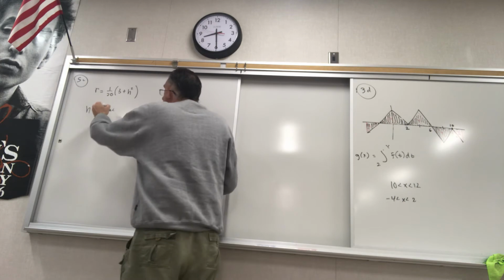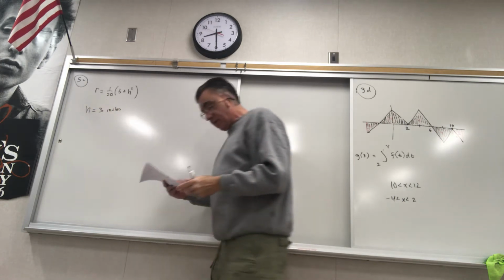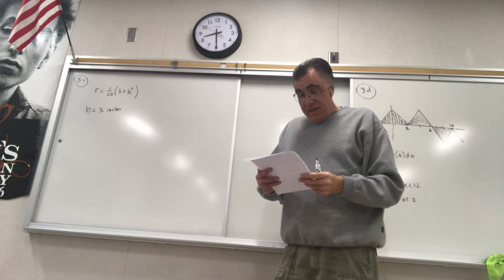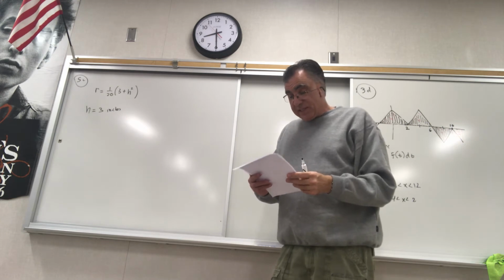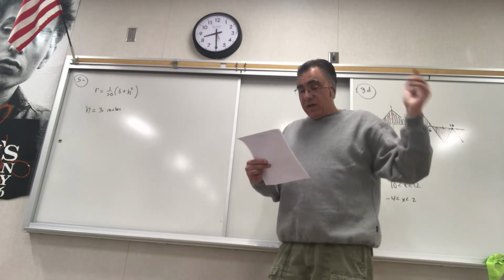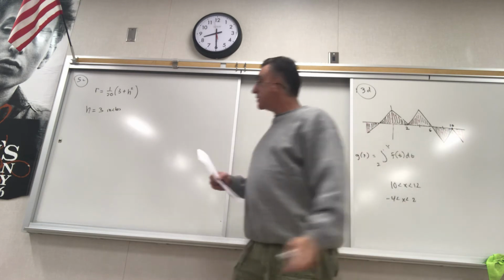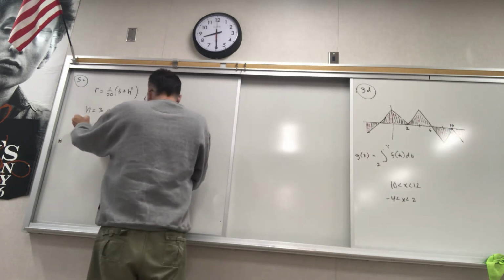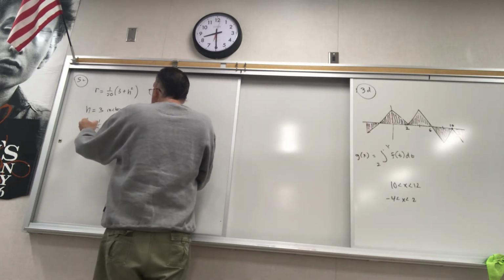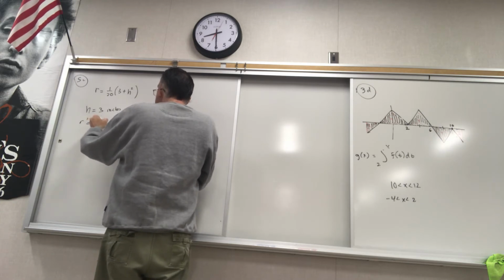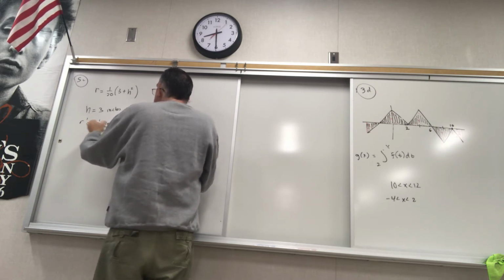I'm going to focus on inches, although it's not particularly important on that one. The radius of the liquid is decreasing at a rate. Remember, when you see the word rate with radius, that means that's R prime, in inches per second.